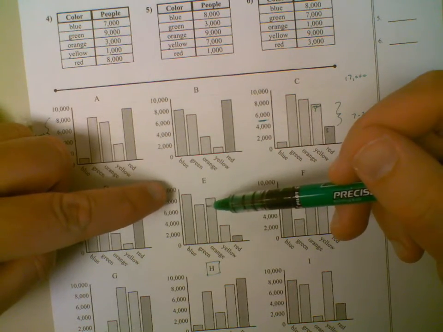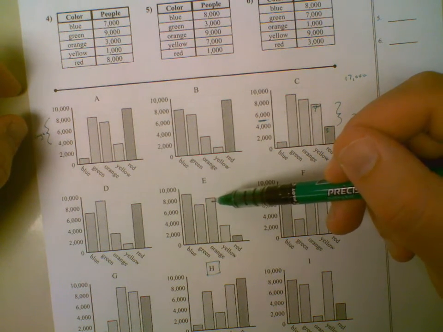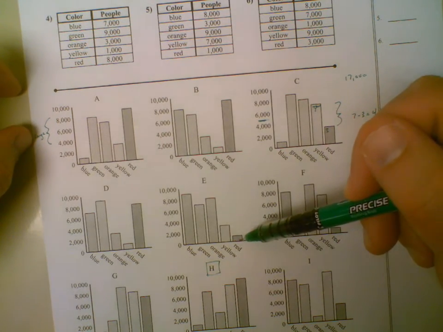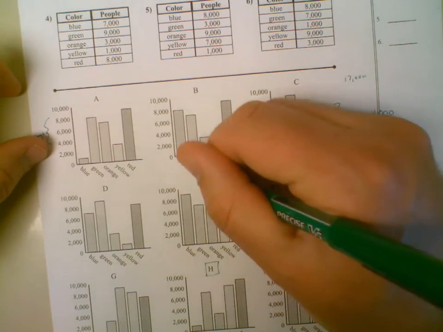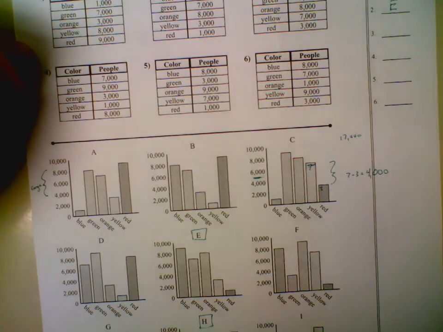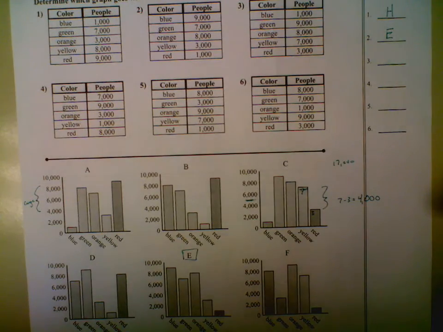I have to go from 9,000 to 7,000, up to 8,000, check, down to 3,000, down to 1,000. I got it. So this is going to be my E. 2 is E. When you guys do yours, you can just put your initials there, okay?